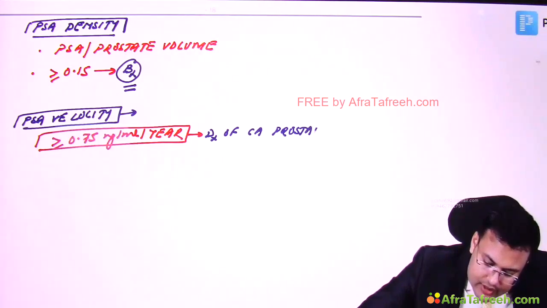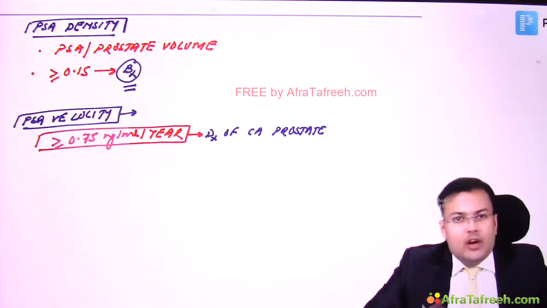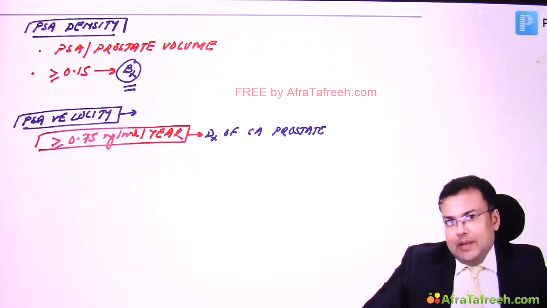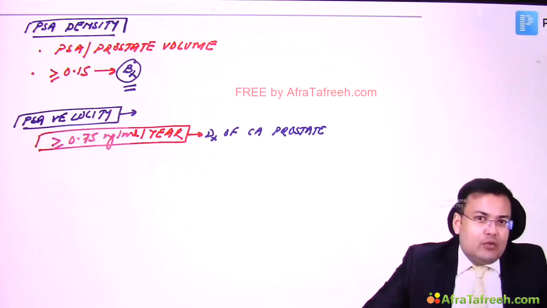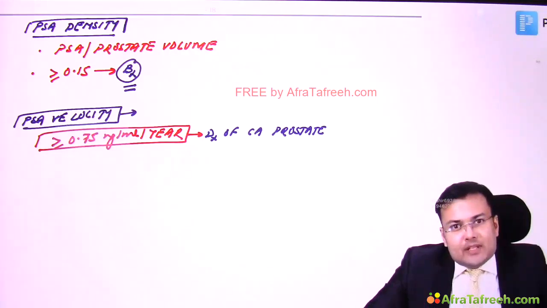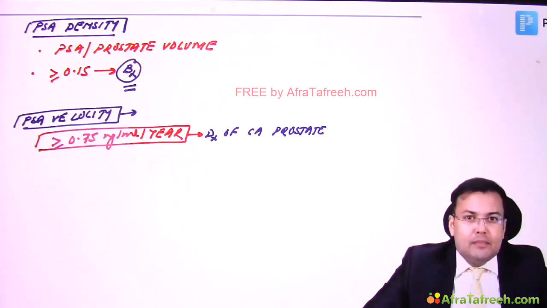Okay, so the three questions which are very important, frequently asked, you have to remember: the normal value of PSA is less than 4 nanogram per ml. Which value is diagnostic of carcinoma prostate? More than 20 nanogram per ml. And which value of PSA velocity is diagnostic of carcinoma prostate? More than 0.75 nanogram per ml per year. Clear? So this is diagnostic of carcinoma prostate.